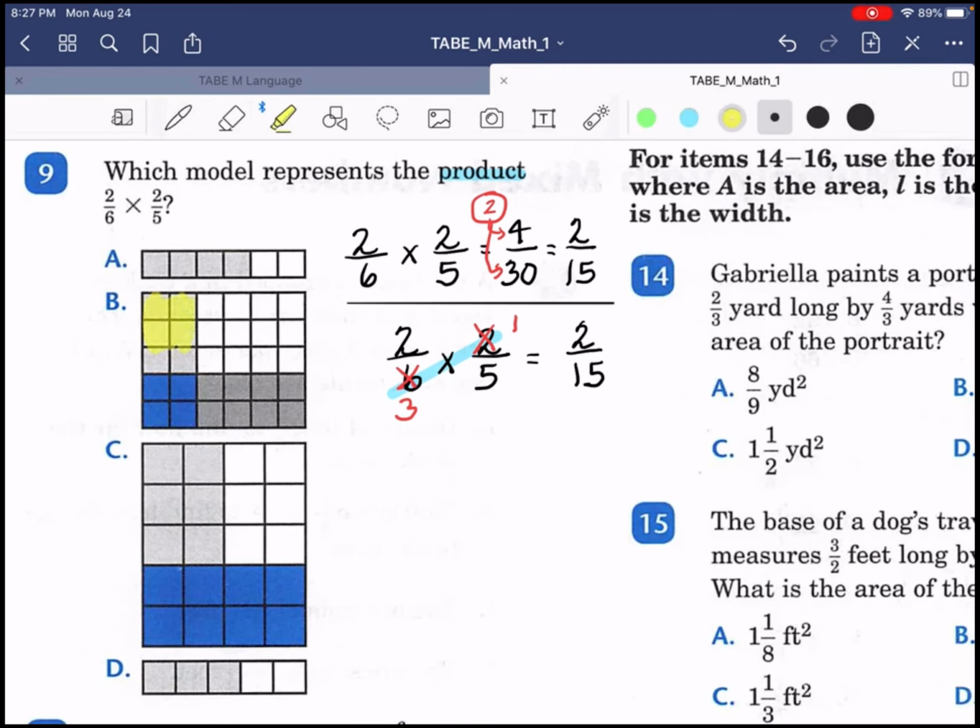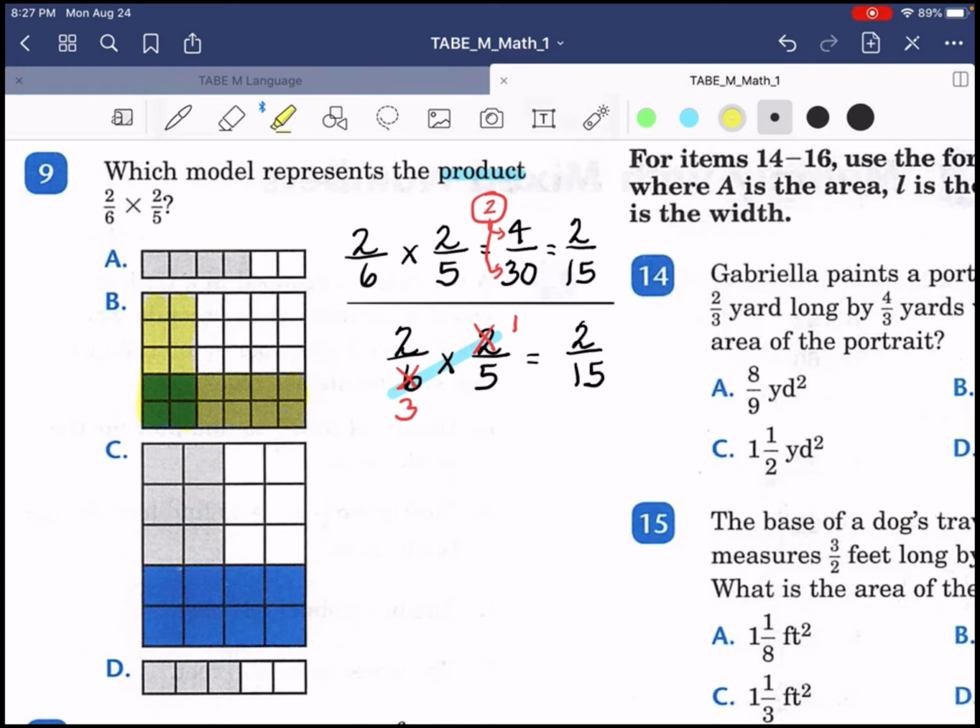Here we have shading to illustrate. One clue also is that this box has 30 squares total, and that goes back to that 4/30.